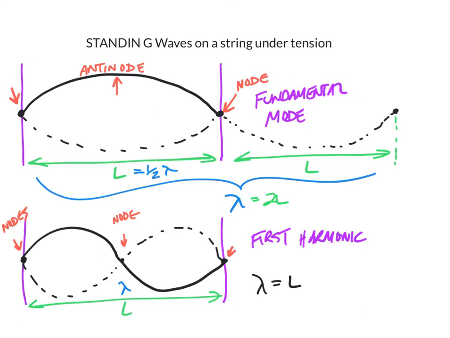It was 1 half wavelength in the fundamental mode, it was 2 half wavelengths or a full wavelength in the first harmonic, n equals 2, fundamental mode, n equals 1. Do one more just for pattern, having more than 2 elements in our pattern.